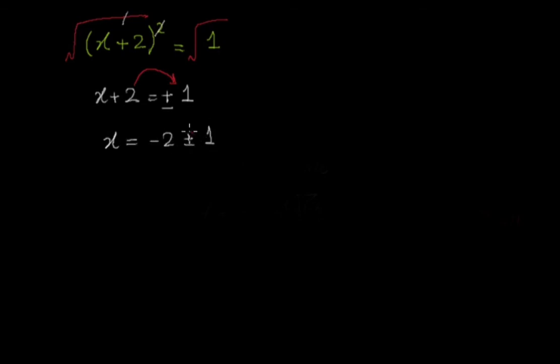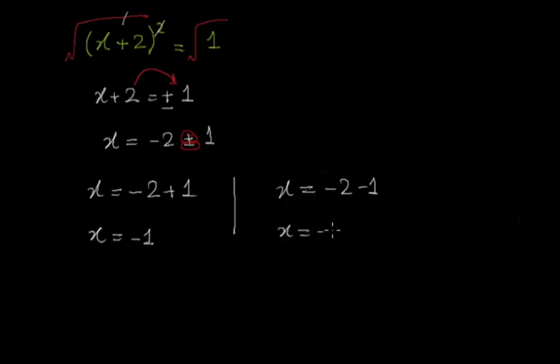Now we split it into positive and negative sign. So it becomes. And if we simplify, it's negative 2 plus 1, that is negative 1. And if we simplify this side, it's negative 3. So we get the value of x, that is negative 1 and negative 3.